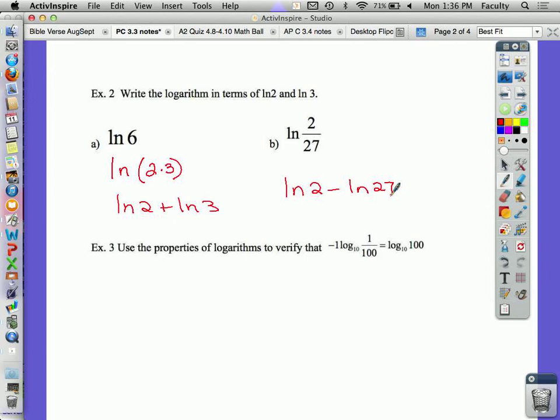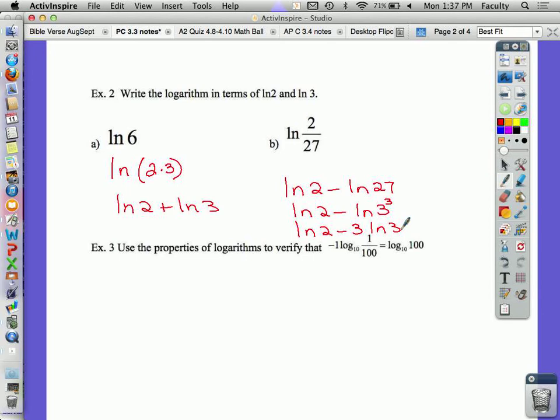It's 3 cubed, right? So this will be ln 2 minus ln 3 cubed. Do you notice that still isn't an ln 3? It's an ln 3 cubed. So we can now use our power property and bring down the power. Now I have ln 2 and ln 3, okay?